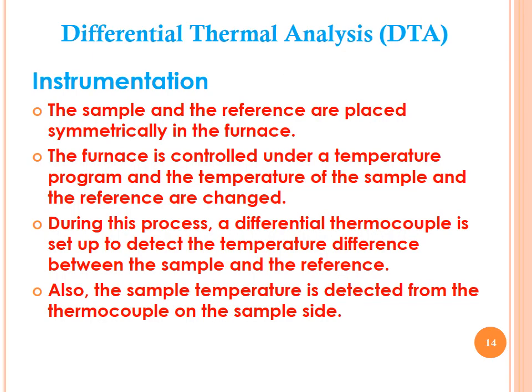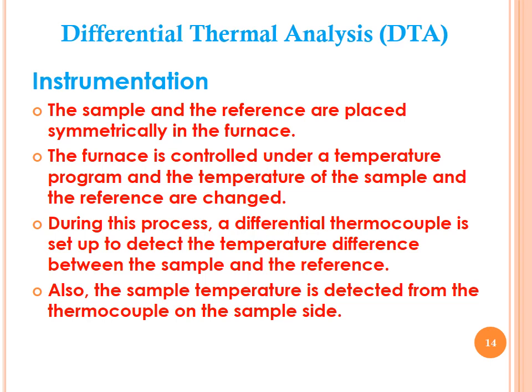Now from the instrumentation point of view, and how we load the sample when we do the analysis using the differential thermal analysis technique, the sample and the reference are placed symmetrically in the furnace. The furnace is controlled under a temperature program and the temperature of the sample and the reference are changed.